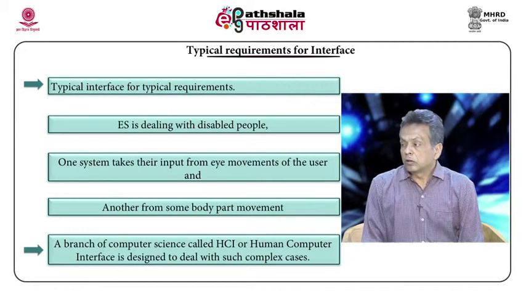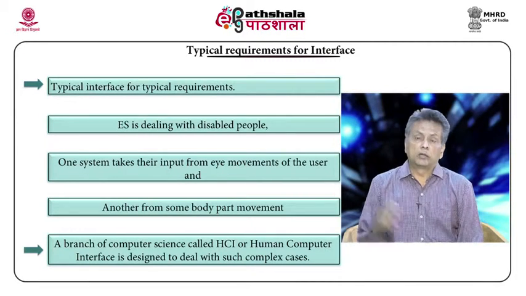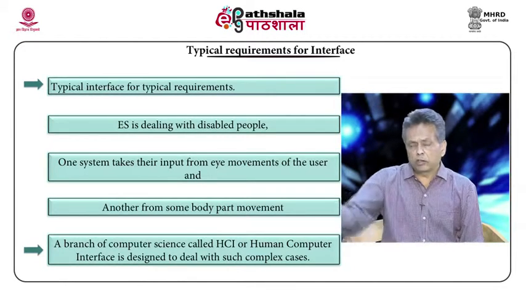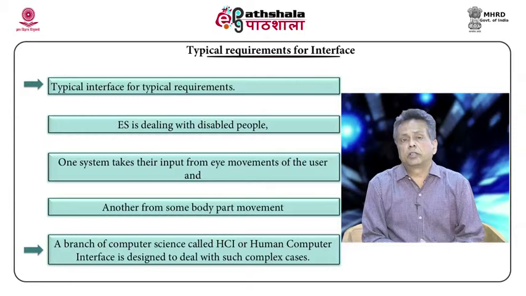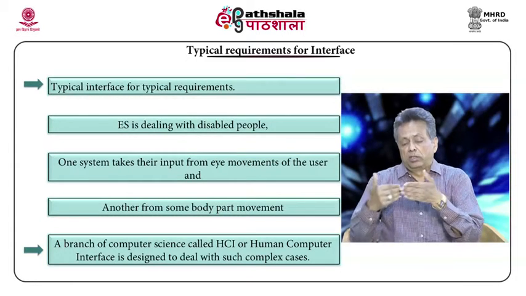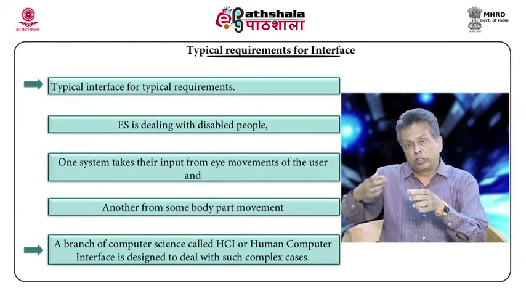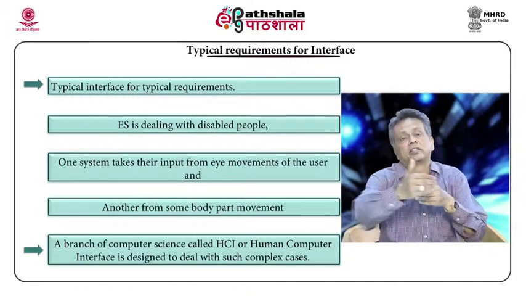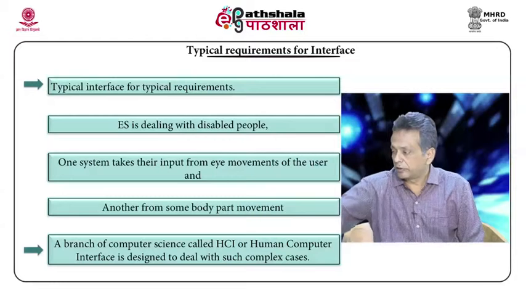And from some other body movement also, people have designed computer interfaces. We are not talking about this interface, we are talking about the interface where the knowledge is of the same type, and because of this interface a different user gets a different response. We are talking about that interface.